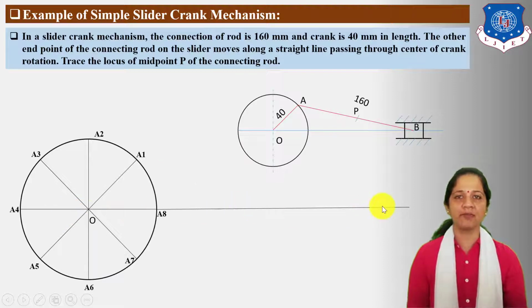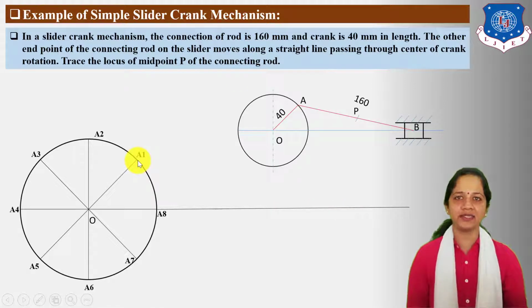Next draw a horizontal path passing through the center point of circle O. Here we need to find the position of the slider for each and every position of the crank. First consider the A1 position of the crank and find out the B1 position of the slider on this horizontal path. Now the length of the connecting rod which connects crank and slider is 160 mm.